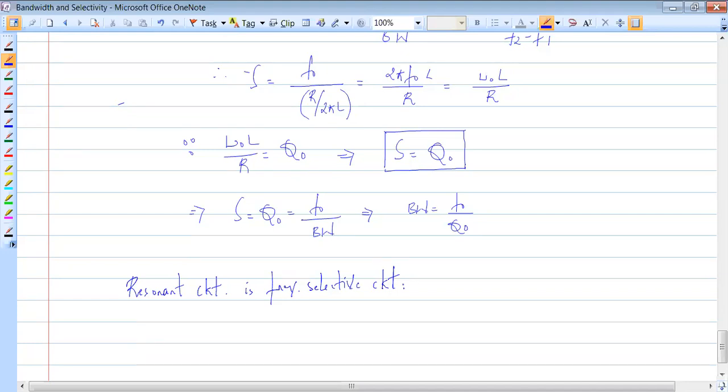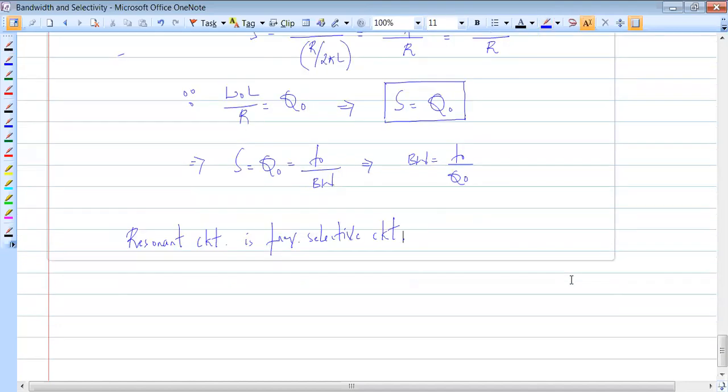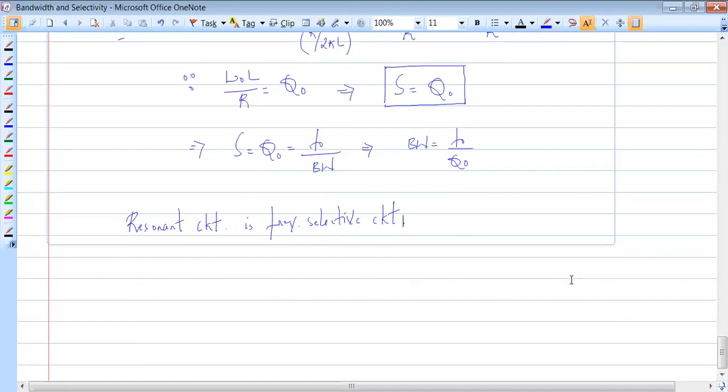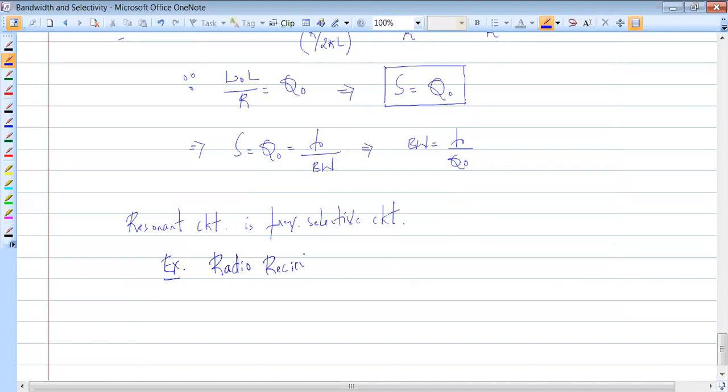Now again, let's go back to the example of the radio station. Example, let's say radio receiver. What happens in a radio receiver? Radio receiver has got a tuner. Using that tuner, we tune the radio receiver to a particular station.